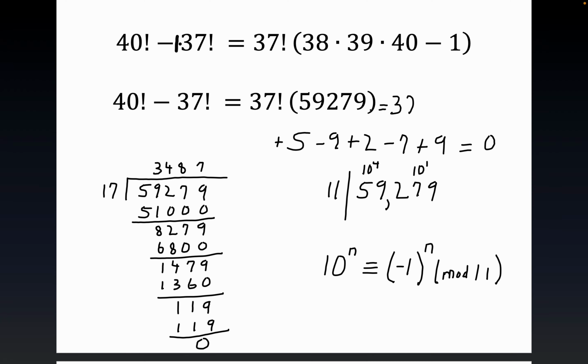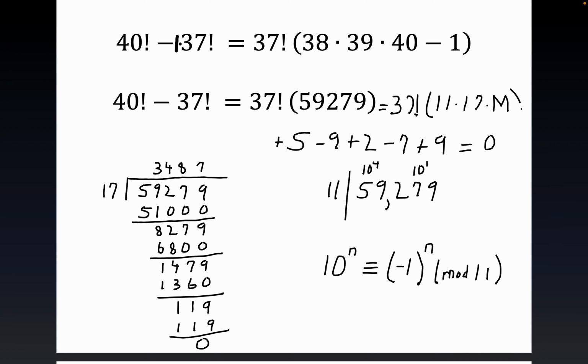We can rewrite that as 37 factorial times 11 times 17. But remember, 11 times 17 is 187. And let me put times some multiple. I'll call it capital M if you want. We don't know what that multiple is, nor do we have to know.